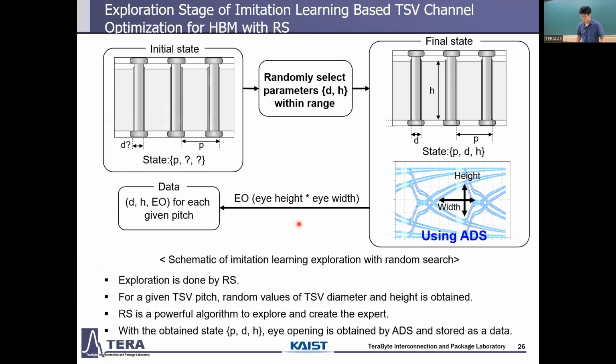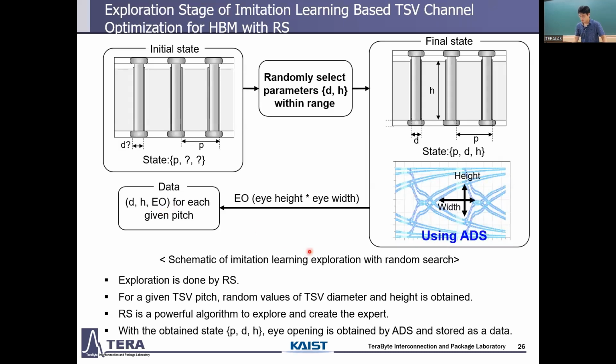I explained it in the previous slide, but initially our state is pitch, with diameter and height not set. With the random search we set the state, and then using ADS we get the eye opening, and these eye openings make the training data.